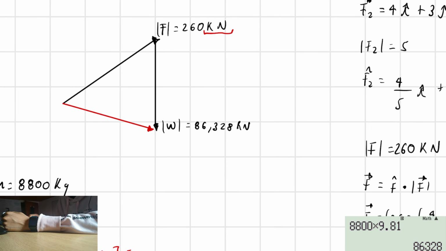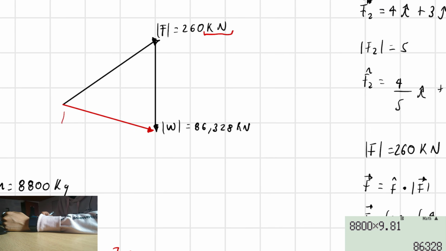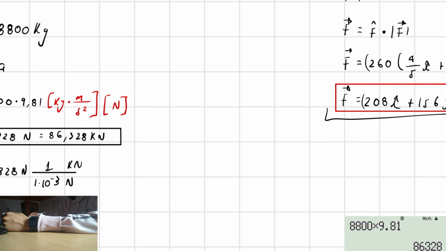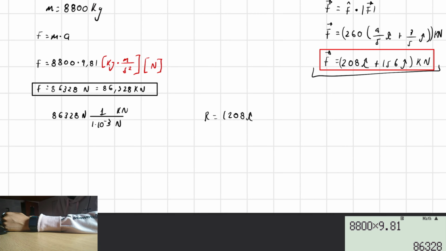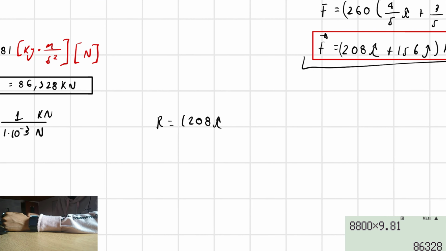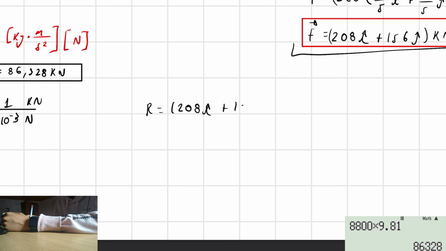Now, I don't want to use trigonometrical identities to find this, because I already have the components. So the resultant vector R is going to be equal to 208 in the I direction plus 156 in the J direction plus 86.328 along the J direction.